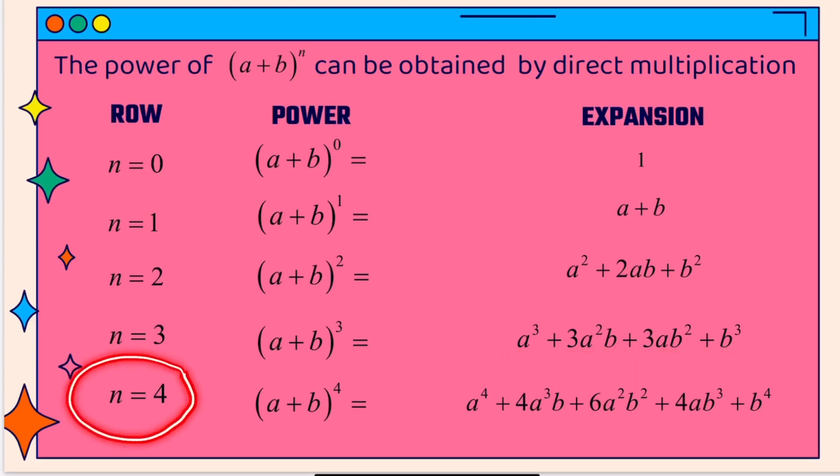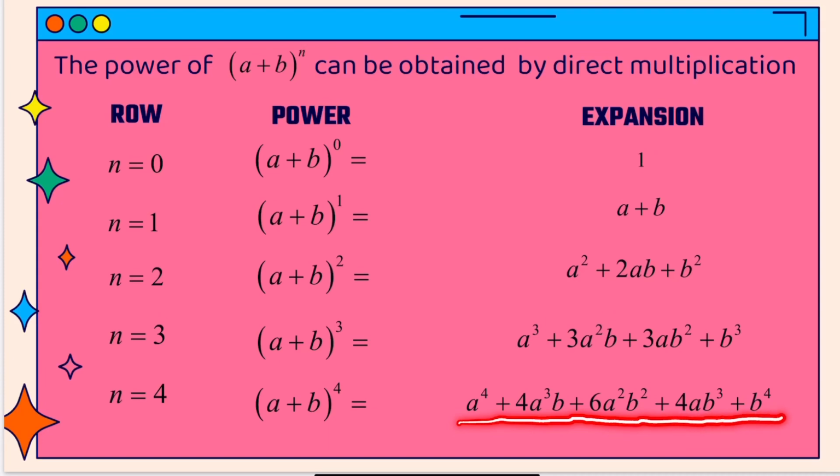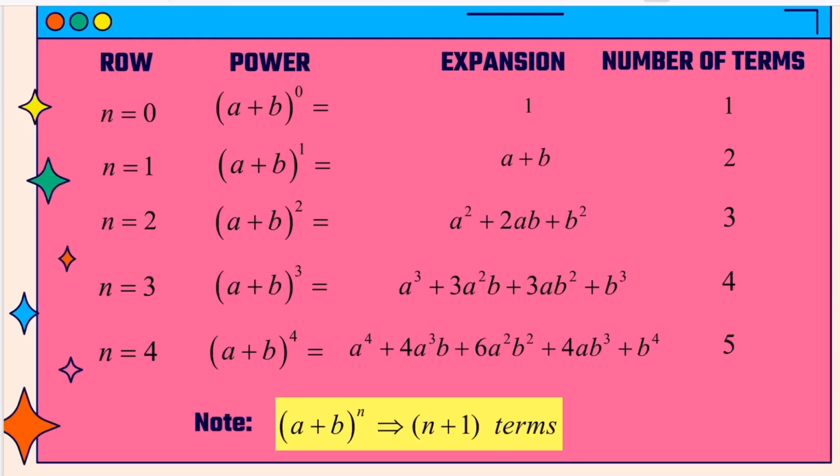And when n equals 4, the expansion for a plus b to the power of 4 is a power 4 plus 4a cubed b plus 6a squared b squared plus 4ab cubed plus b power 4. From this pattern, you will notice that when n equals 0, the expansion will contain only one term. When n equals 1, two terms.